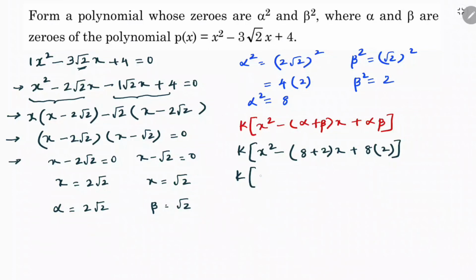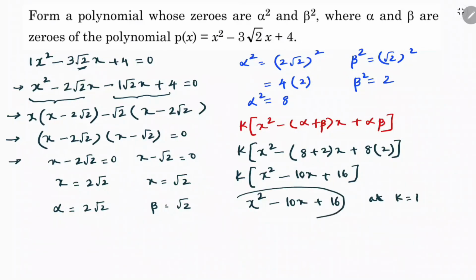So k(x² - 10x + 16). Therefore the polynomial whose zeros are alpha squared and beta squared is x² - 10x + 16, at k = 1. So this is the required polynomial: x² - 10x + 16.